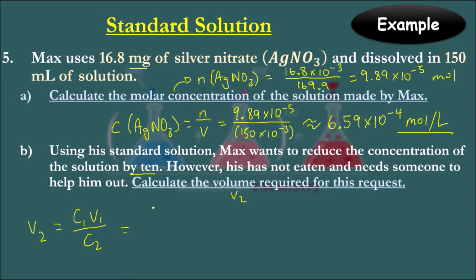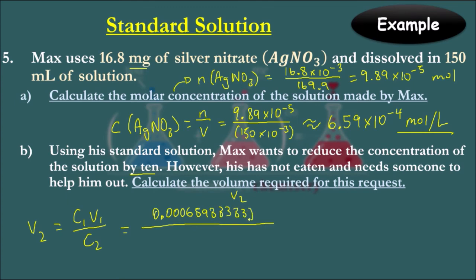C1 in this case we already had was the 6.59. Now that was the rounded number. And so technically speaking, because we're doing a new calculation, we should be using the full number that was calculated for the original concentration. So the original number I had was 0.00069593333.